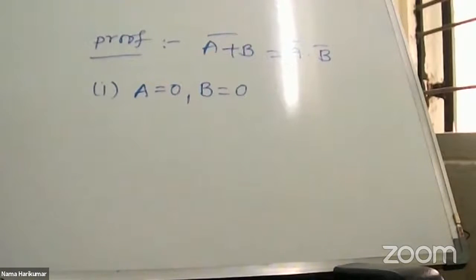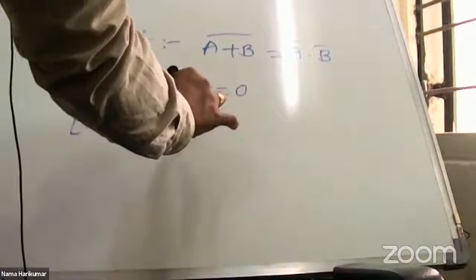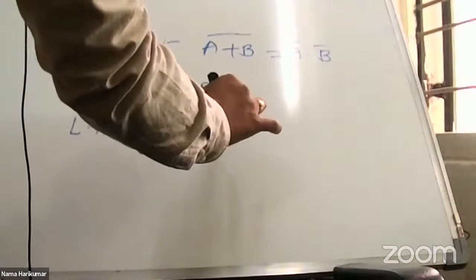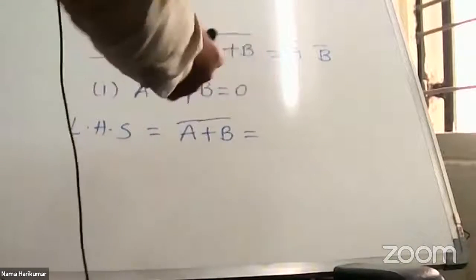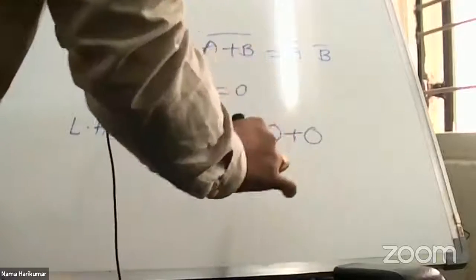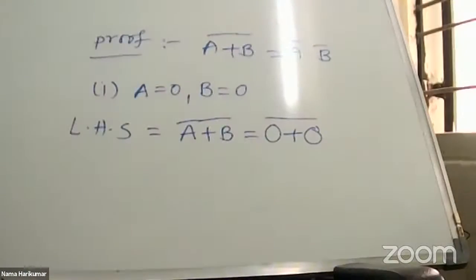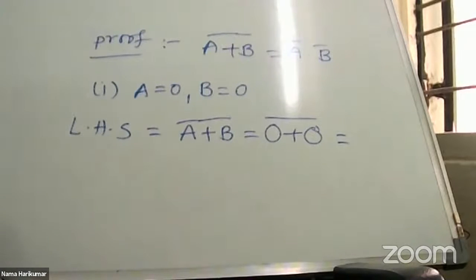In the place of A, write the value 0, and in the place of B, write the value 0. The left hand side is A plus B whole bar. Substituting, A is 0 plus B is 0, so 0 plus 0 is always 0, and then take the complement.